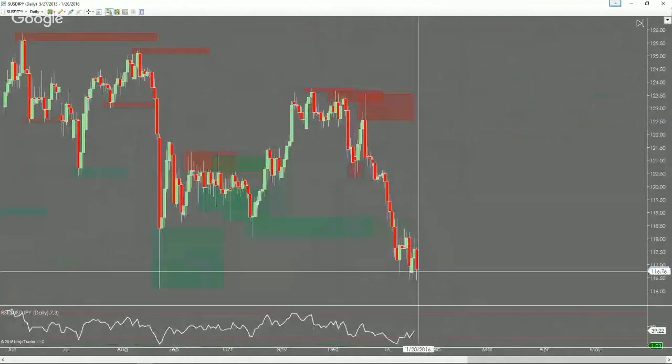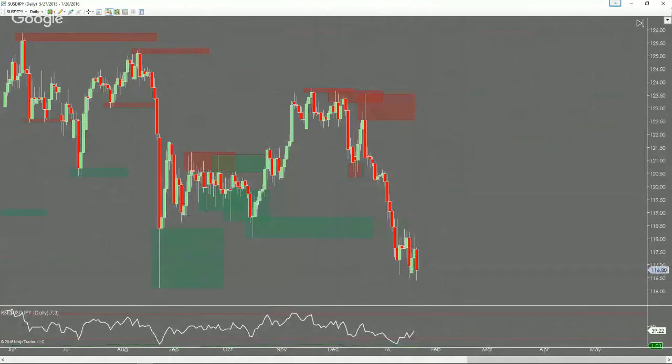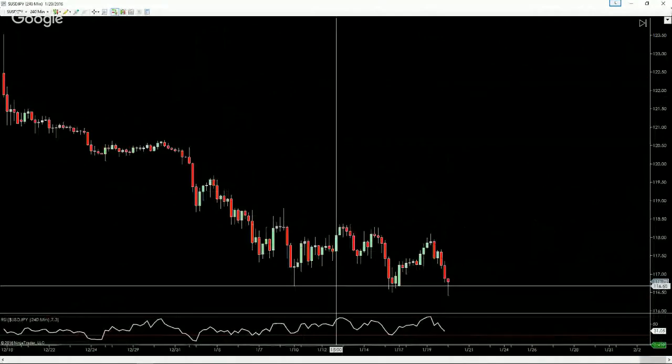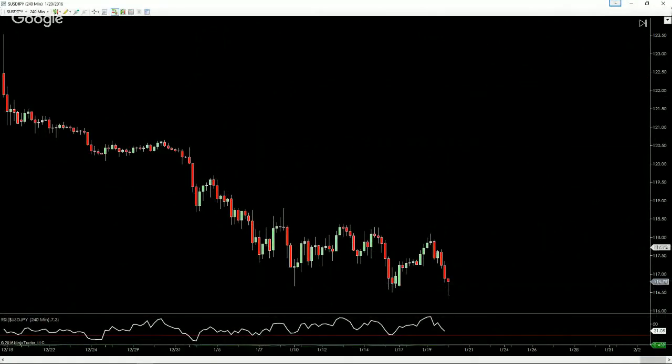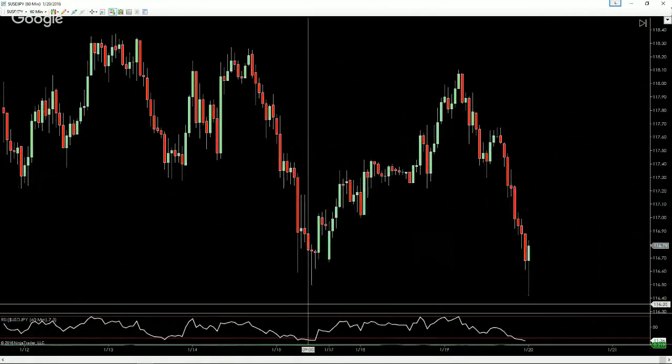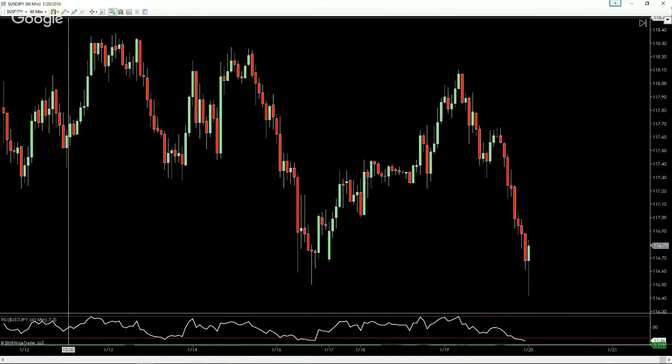It's looking like prices came back to retest that level right here, and RSI is still diverging. And that is that support level. Nothing in the 60.